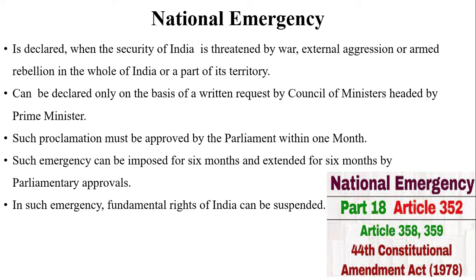Such proclamation must be approved by the Parliament within 1 month. Such emergency can be imposed for 6 months, and extended for 6 months by parliamentary approvals. In such emergency, the fundamental rights of India can be suspended.